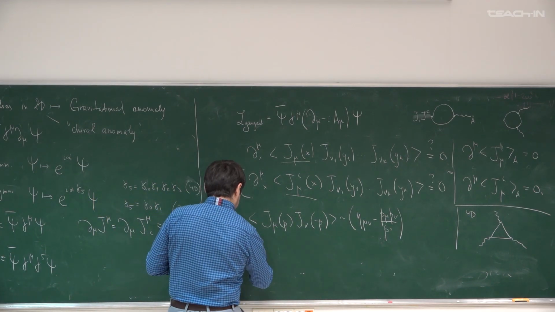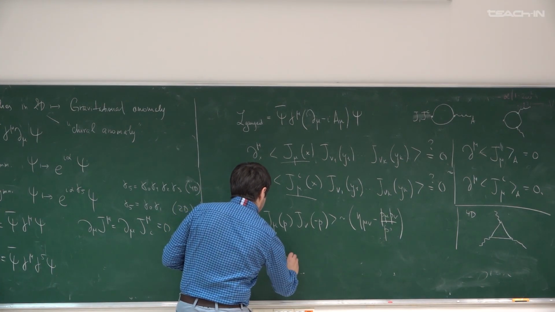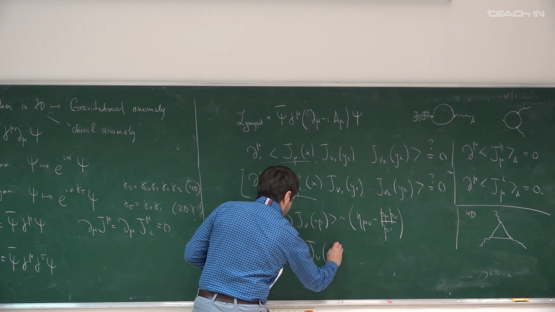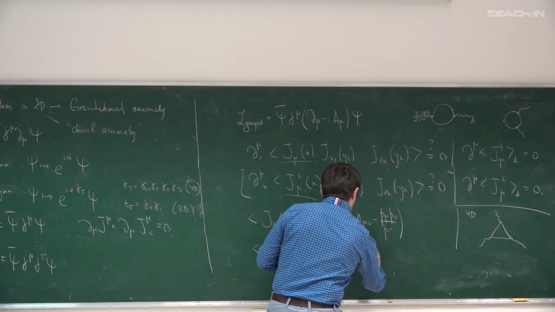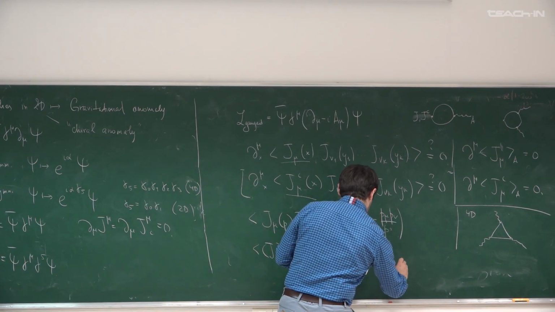But if you take a correlator of the chiral current with the usual current, this will be of the form epsilon mu rho eta rho nu.